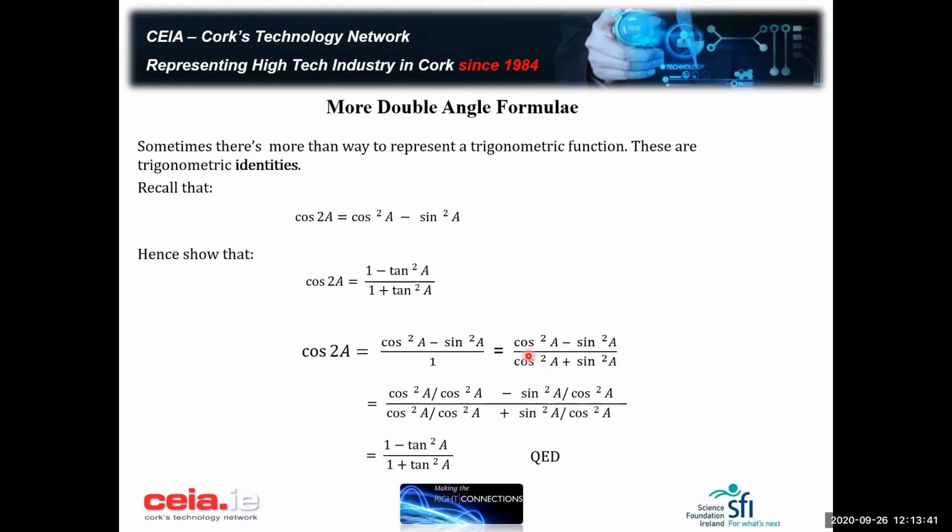So dividing by cosine squared a will give you a 1 here. Same here, you get a 1, which is what you're looking for in this formula. And when you do the same thing with the sine squared, it'll give you a tan squared here. And down below you get another tan squared. So that's the result that you were asked to find originally.